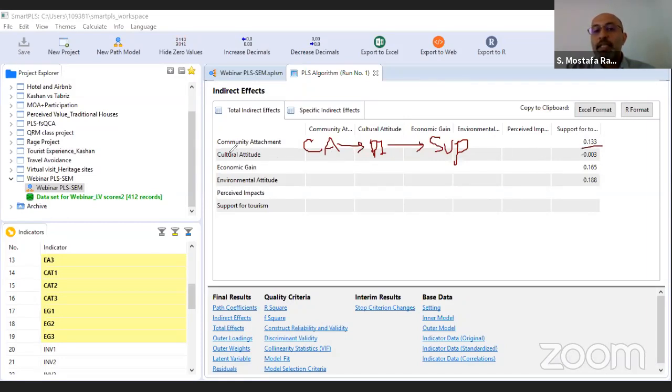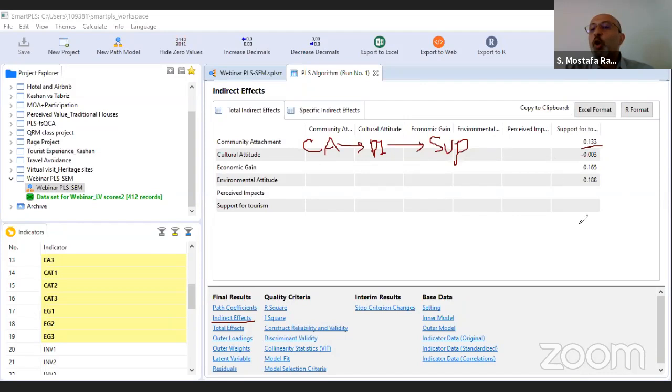Second one is cultural attitude, perceived impact, support. So it's minus 0.003. Third one is economic gain on perceived impact and support. And the fourth one, environmental attitude, perceived impact on support. So we have these indirect effects here, and we can see them, right?